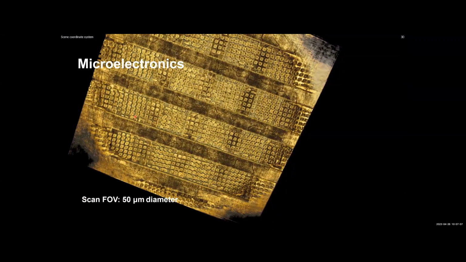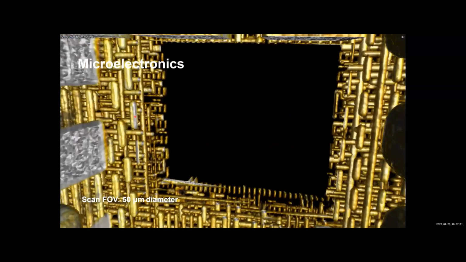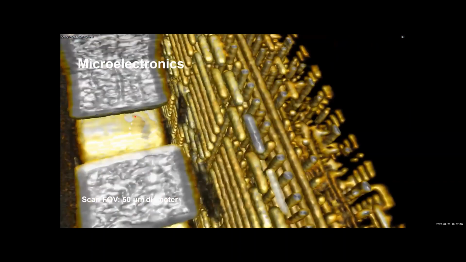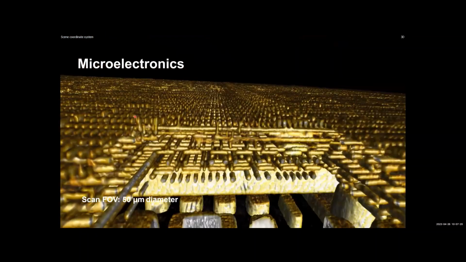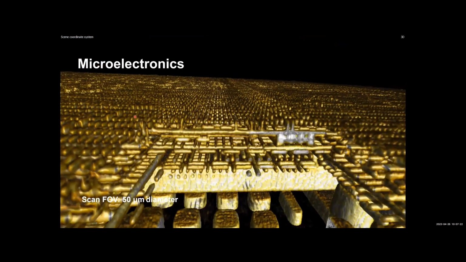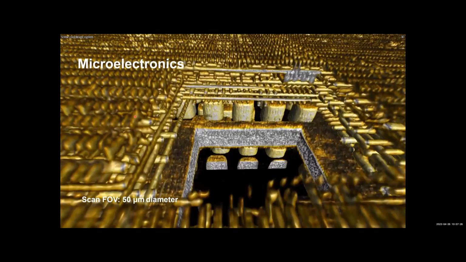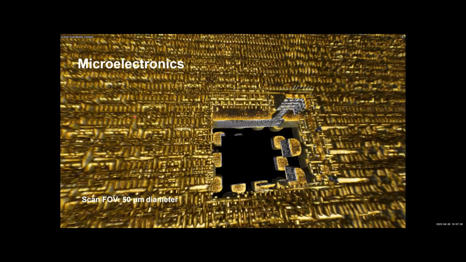In the last few years, we've seen a huge increase in the capabilities of imaging. One of the specialties of X-ray synchrotrons is to be able to investigate relatively large objects with very good spatial resolution.